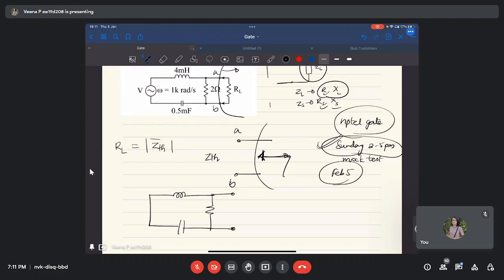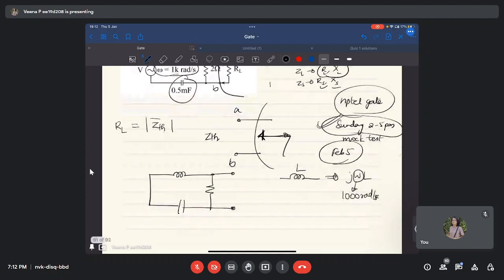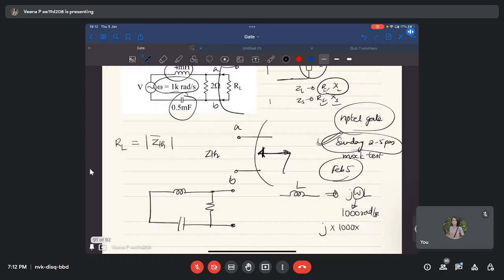Okay. So in the problem, we are given the frequency and we have two reactive components. Now you can find the impedance of those components. There is an inductor, its value is L. The impedance is j omega L, where omega is given in the problem as 1000 radian per second. So this reactance is j times 1000 times L, which is 4 millihenry.